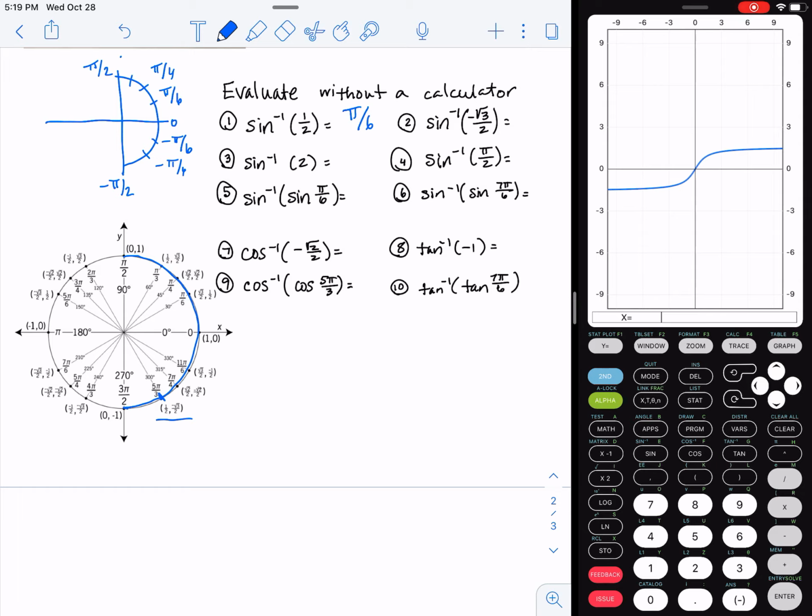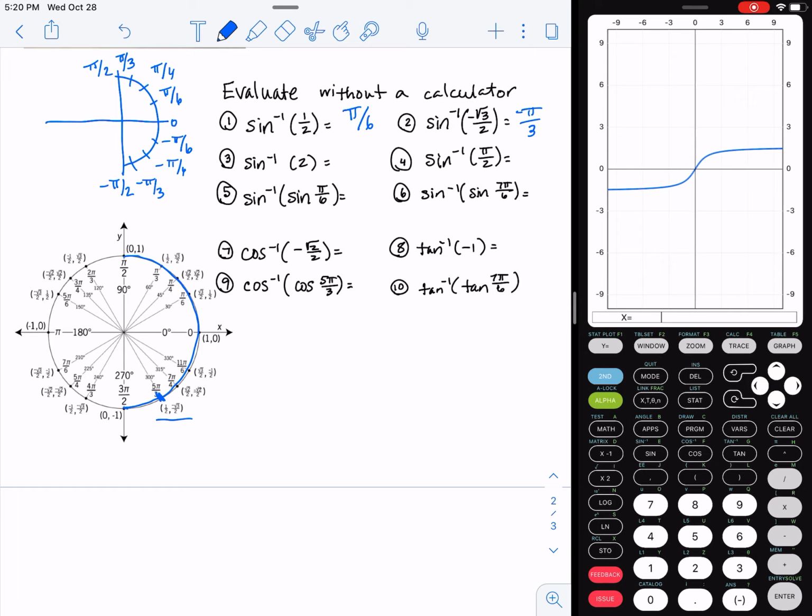And then this would be pi over 3, and in the negative direction is a negative pi over 3. So this spot right here matches up with a negative pi over 3. So the inverse sine of negative square root of 3 over 2 is equal to negative pi over 3.